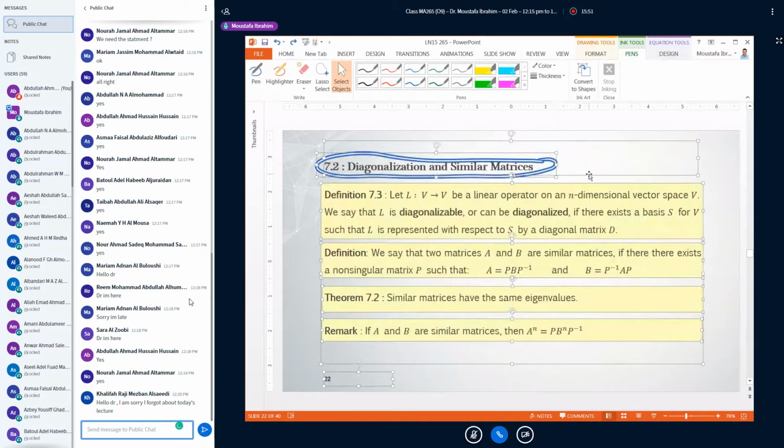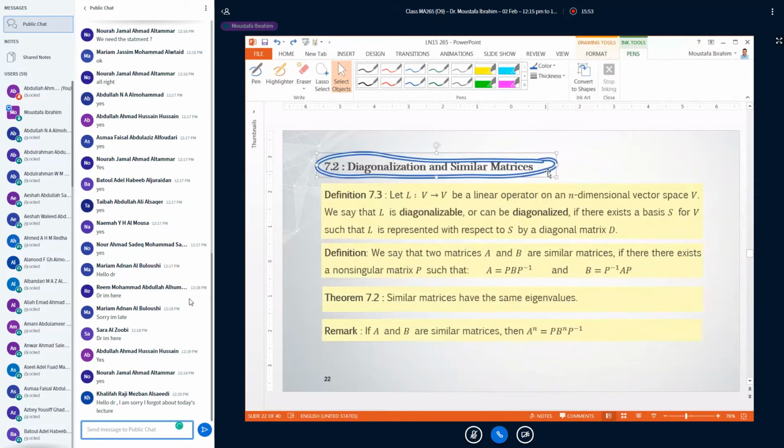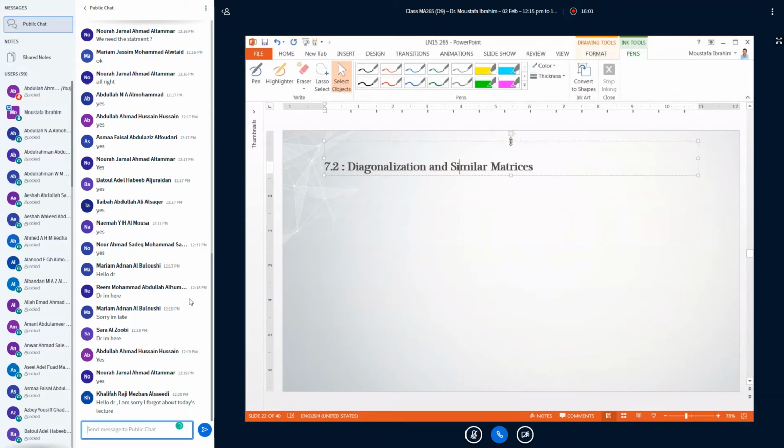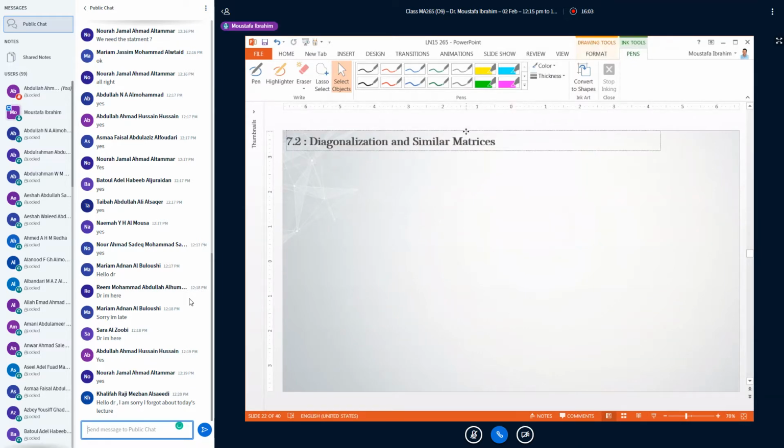Let's keep the title. So, diagonalization and similar matrices.